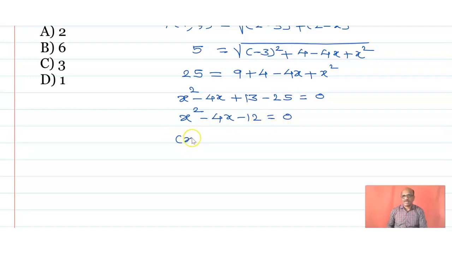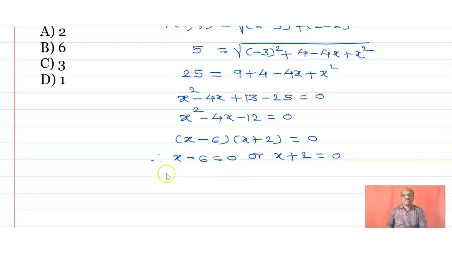And what are the factors? That is (x minus 6) and (x plus 2) equals 0. Therefore, x minus 6 equals 0 or x plus 2 equals 0. Therefore, which one is the correct one? x equals 6 or x equals minus 2.